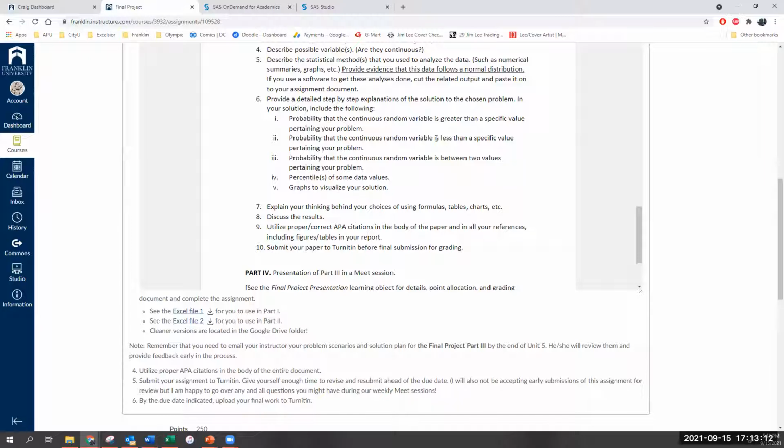Just describe what the variable is, your made up random variable. I want you to prove to me that you know what a continuous random variable is. So describe what it is that you're quote unquote measuring that's giving you this continuous random variable.